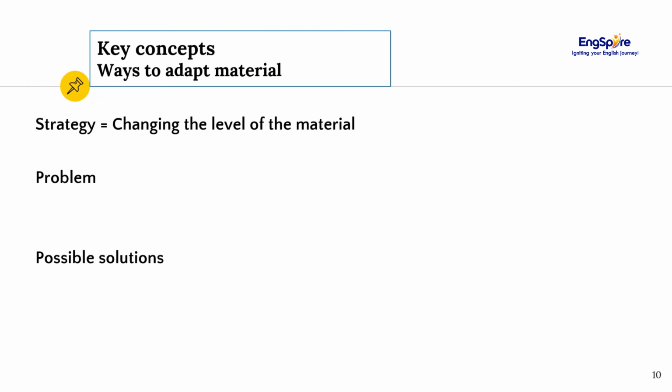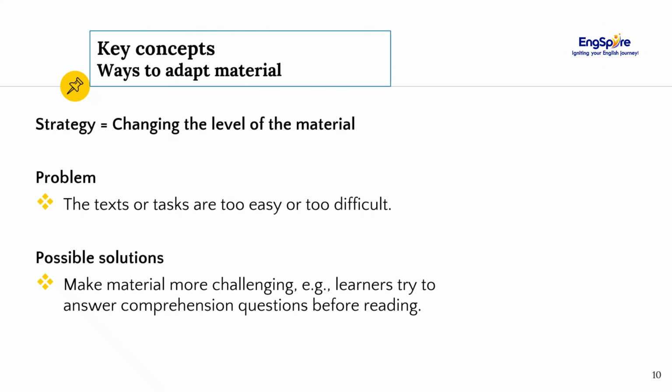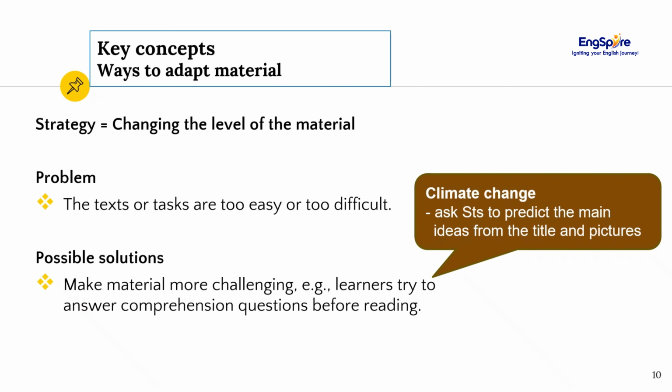The fourth strategy is changing the level of material. Sometimes material is too easy or too difficult for your learners. Instead of replacing it, you can adjust the level of challenge. To make material more difficult, you can add extra questions or ask students to predict answers before reading. For example, before students read a text about climate change, ask them to predict the main ideas from the title and pictures.